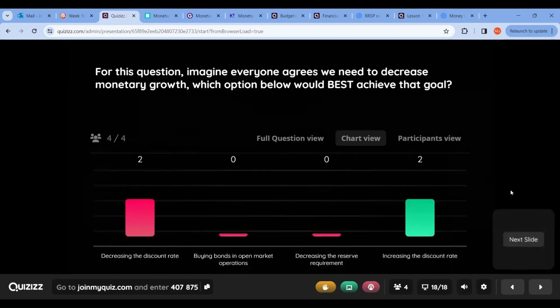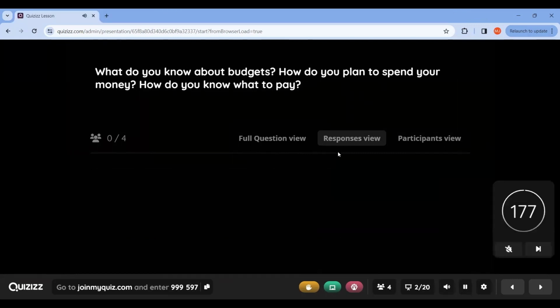So increasing the discount rate will decrease monetary growth. So increasing the discount rate will reduce the money supply. So the budgets, how do you plan to spend your money and how do you know what to pay?